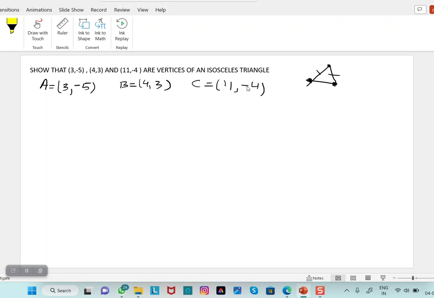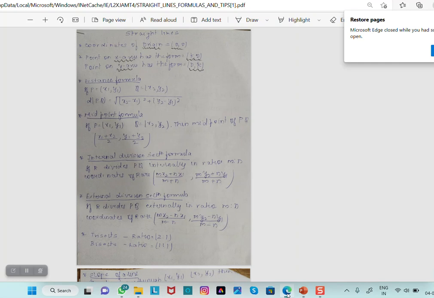Then we use the distance formula to find distance AB, then distance BC, and then distance AC, and see if any two of these are equal.